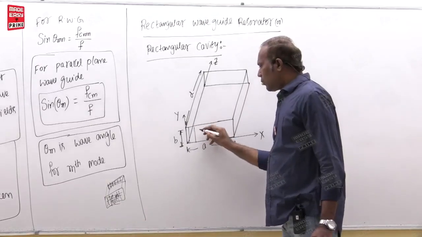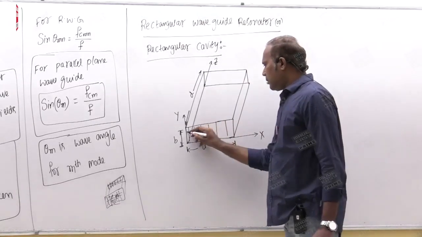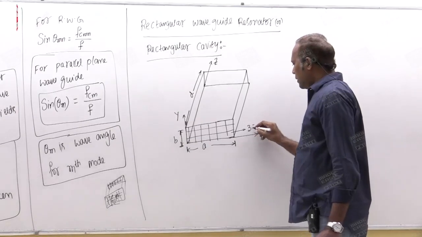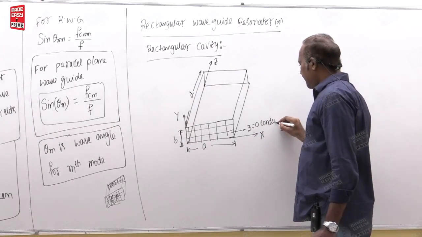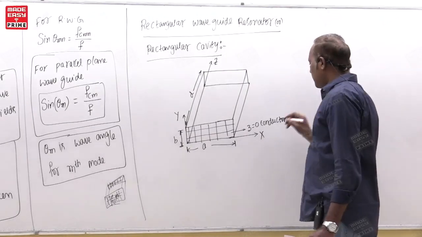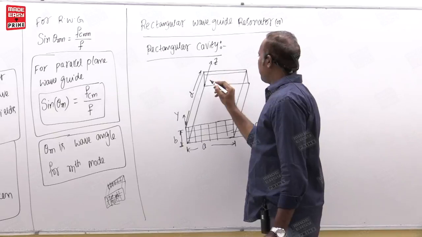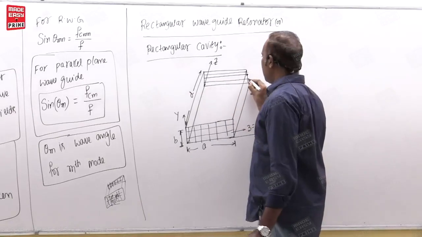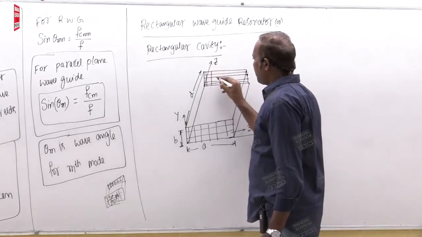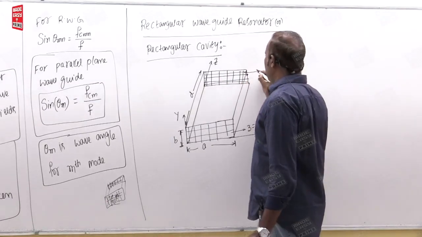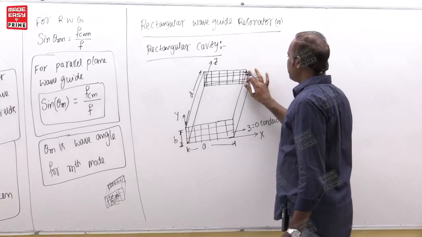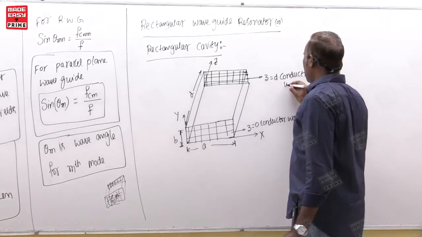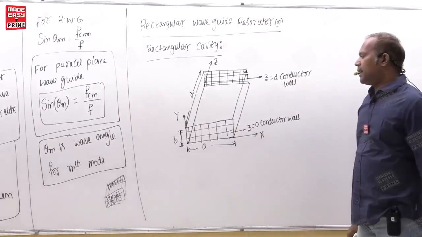Now if we put one conductor wall here, this one, this is the z is equal to 0 conductor wall, and this one, student touching from here to here, this one I am writing, z is equal to d conductor wall. So two more conductor walls are there.